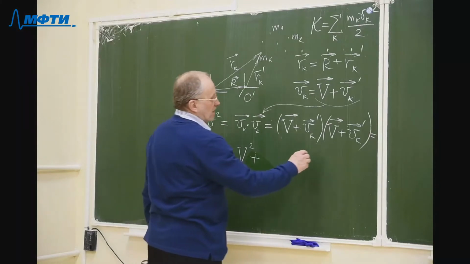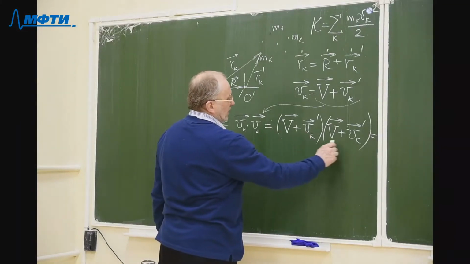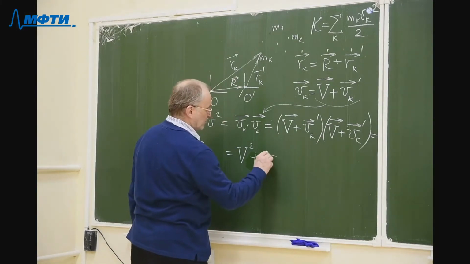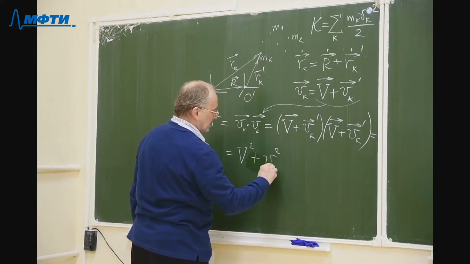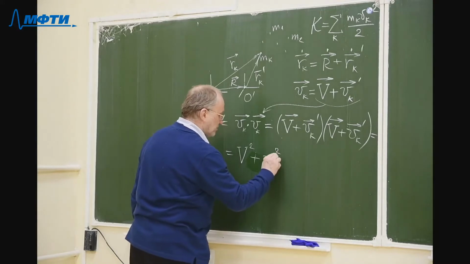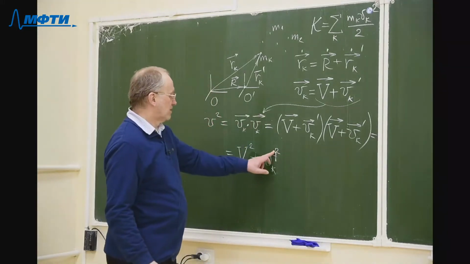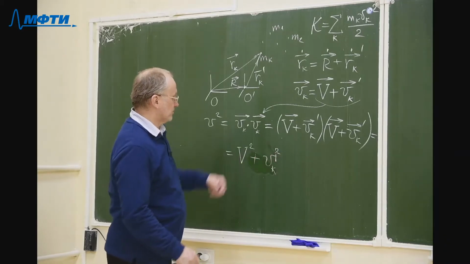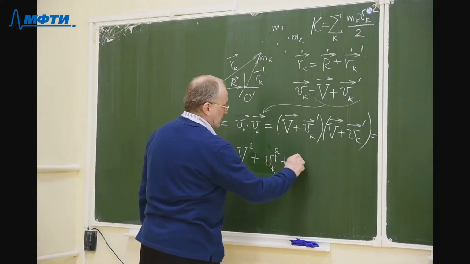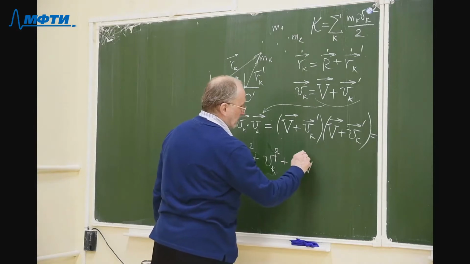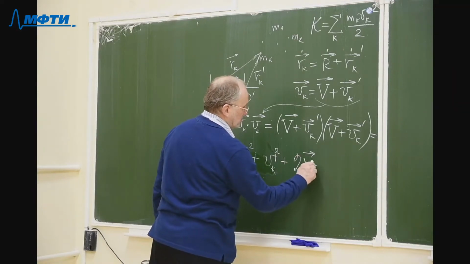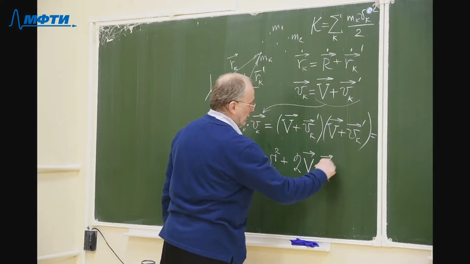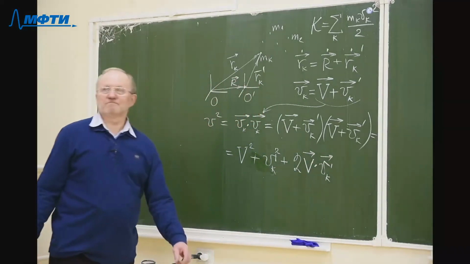Plus small v prime times small v prime will be small v squared prime. Don't forget that this is velocity with respect to the second reference frame. And plus 2 capital V times vk prime scalar product.